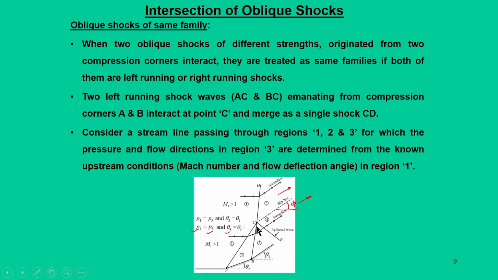And of course, the merging shock CD is of very high strength, and a weak shock C is formed, which has to be very weak because it has to go through continuous entropy change, and finally the conditions have to be such that the flow field must match across the slip line.